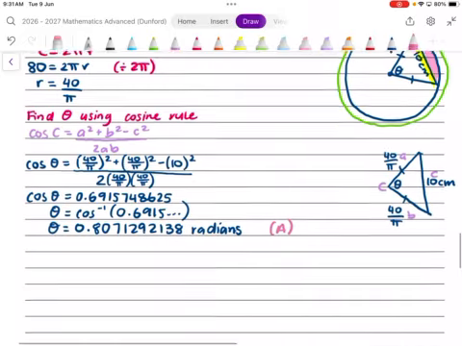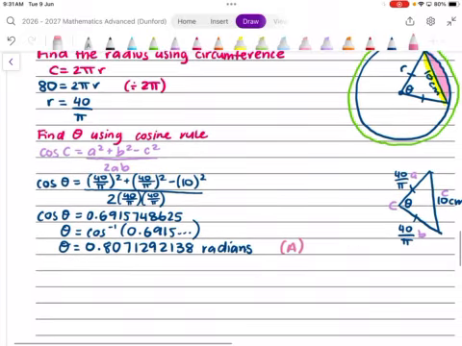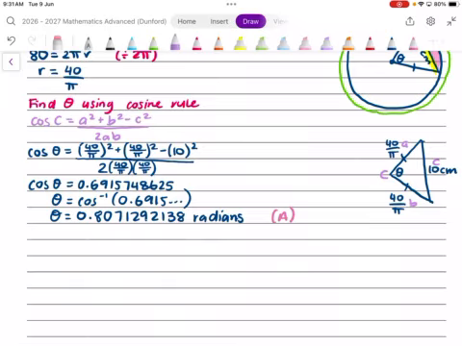Okay, and now we have enough information to find our area of our minor segment. So our area of a minor segment formula is A equals a half R squared lots of theta minus sine theta.